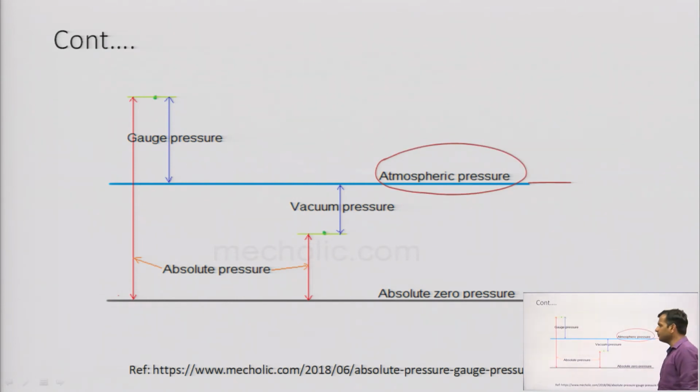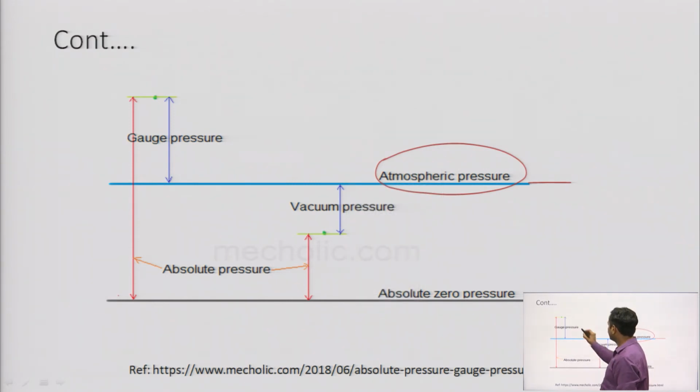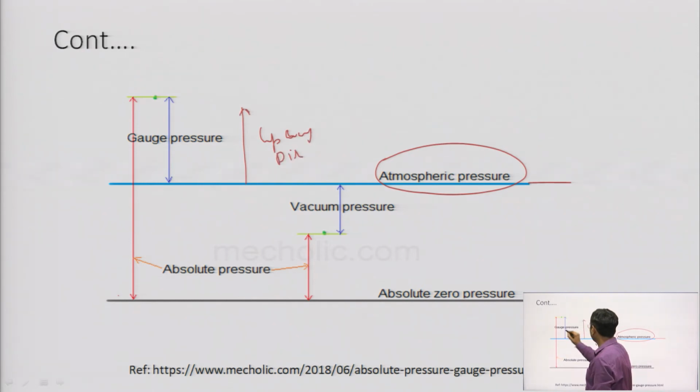Now, in this diagram you can see that with reference to the atmospheric pressure, if you are measuring the pressure in the upward direction, then that will be called gauge pressure.